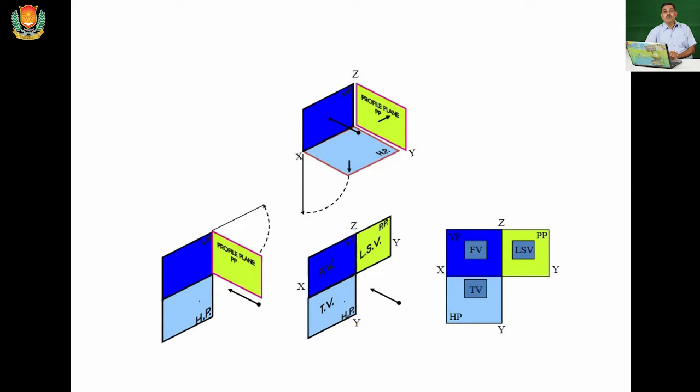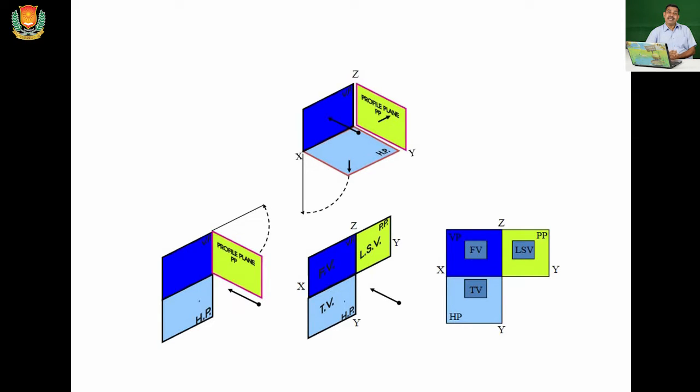For that we have to open these planes by rotation. If we rotate the horizontal plane by 90°, it will be parallel to the vertical plane, and if we rotate the perspective plane by 90°, it will also be parallel to the vertical plane. So on paper we draw the reference line XY.